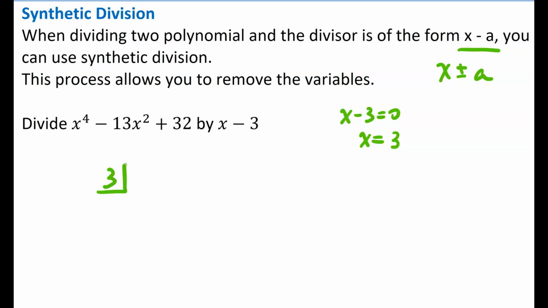The next thing is I'm going to look at the dividend. Just like with long division, I need it in standard form with the highest degree term first. What is the highest degree term? x to the 4th. What is the coefficient on x to the 4th? 1. So that's all I write in the first position.